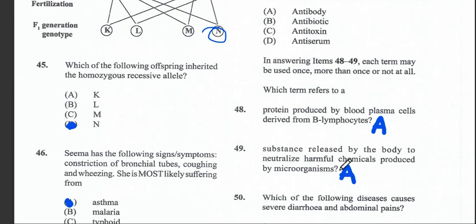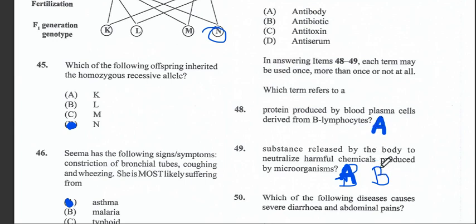I think this answer here, guys, should not be A. Let me just cross that up. This should be B. So the best answer for this one is B, guys. I don't know why it's A though. Hold up. So it's protein produced by the plasma cell.